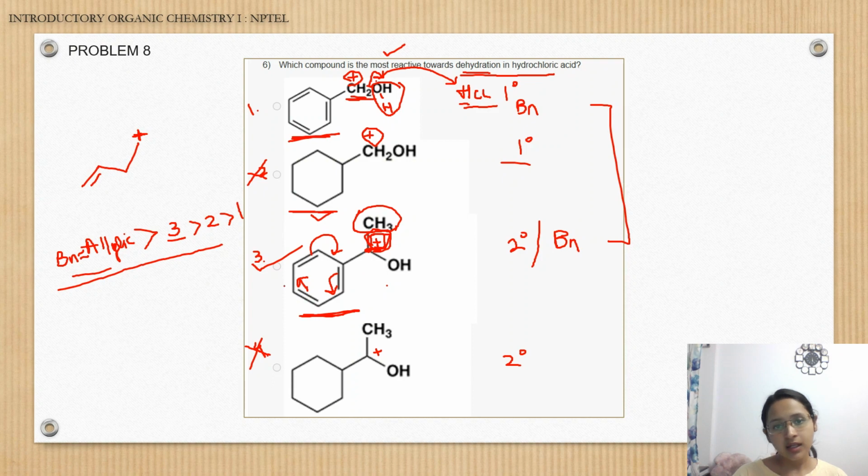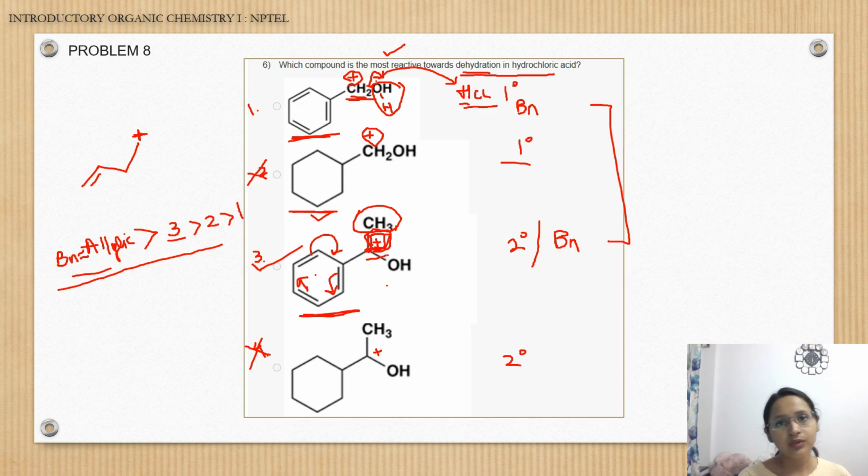Is it right? Benzene ring is more electron rich than the phenyl ring. So if it is more electron rich, it is stabilizing this positive charge way more than this phenyl ring. And you have to write the hyperconjugation and the inductive effect. These two concepts are there only to stabilize the system actually.